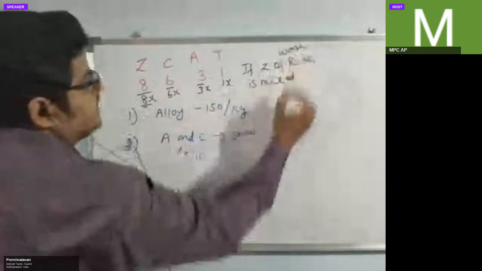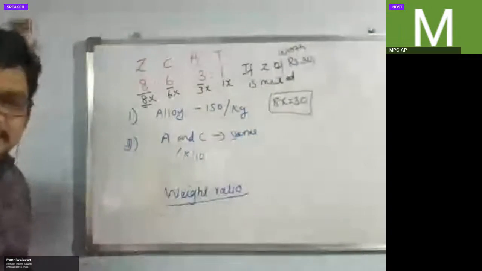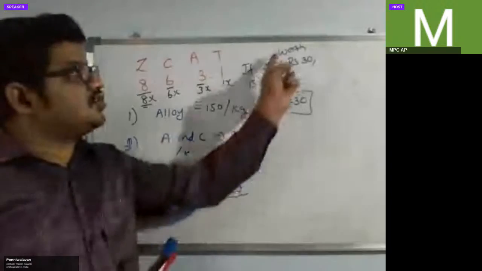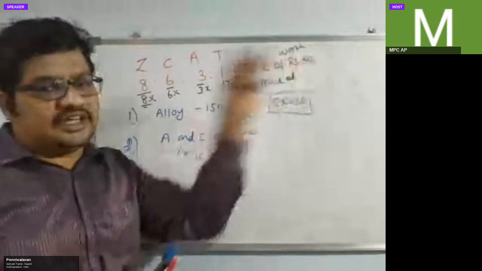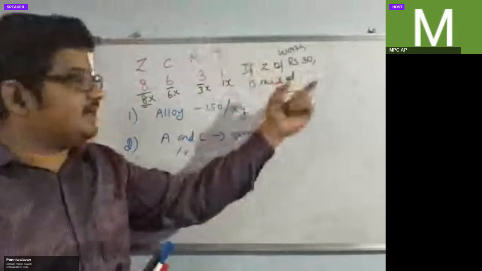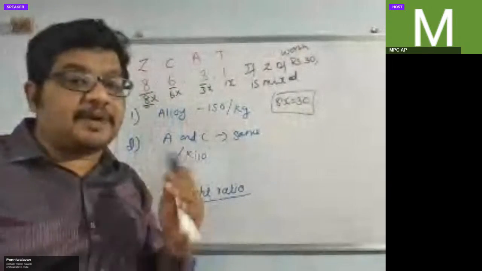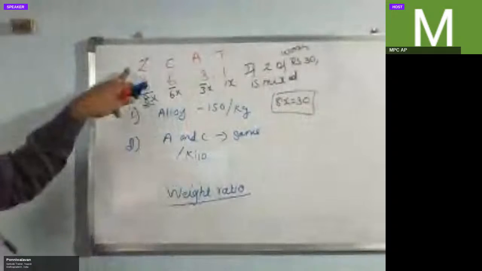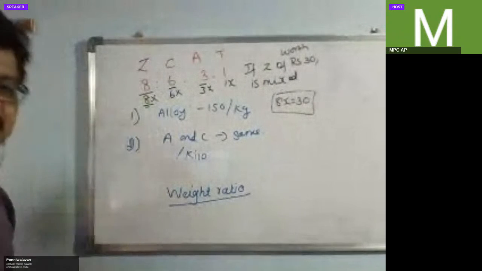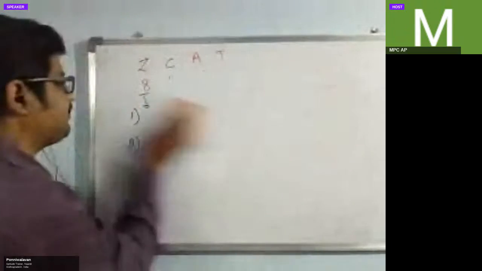So 8x is 30, we can take it like that, because it is zinc of worth rupees 30, the total value of zinc is 30. Then we can proceed further. But here they are telling 30 rupees per kg, and we are not aware of the weight of zinc used. Then we cannot find it.